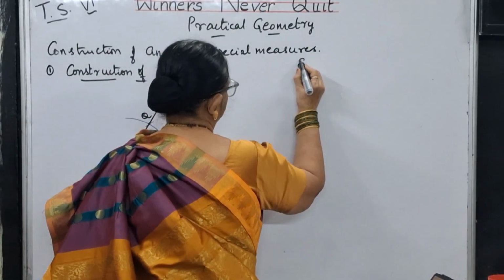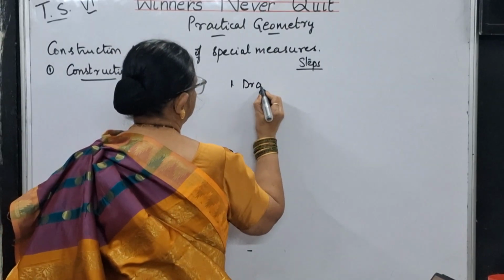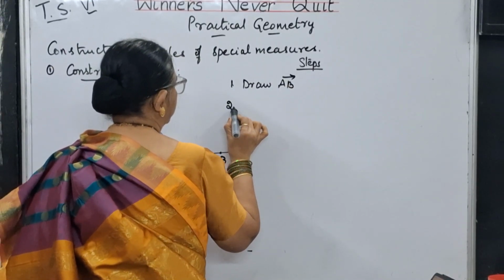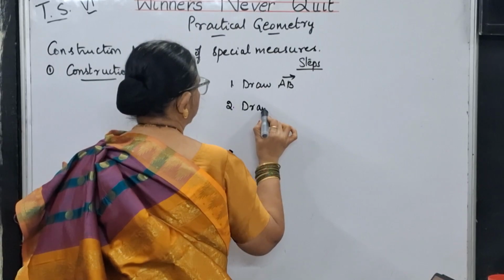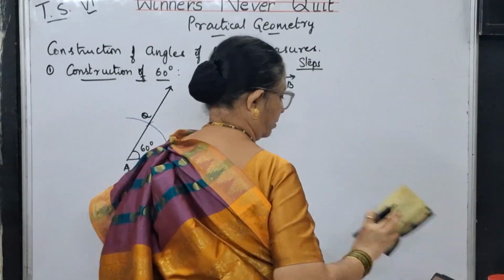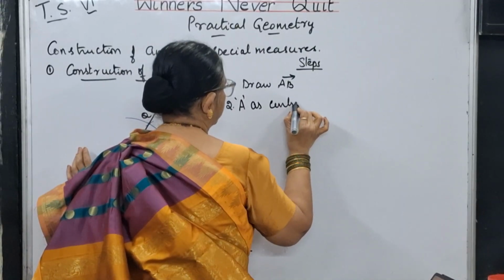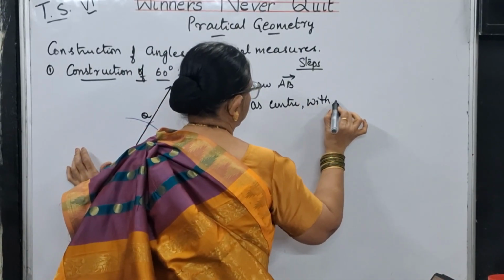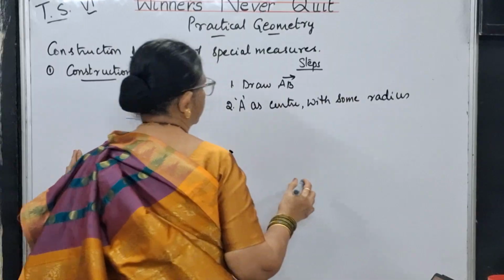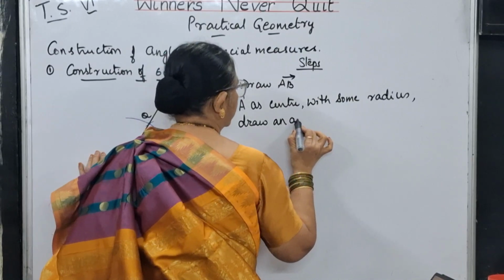So what are the steps that are needed? The first one is draw ray AB. Second, with A as center and some radius, draw an arc.